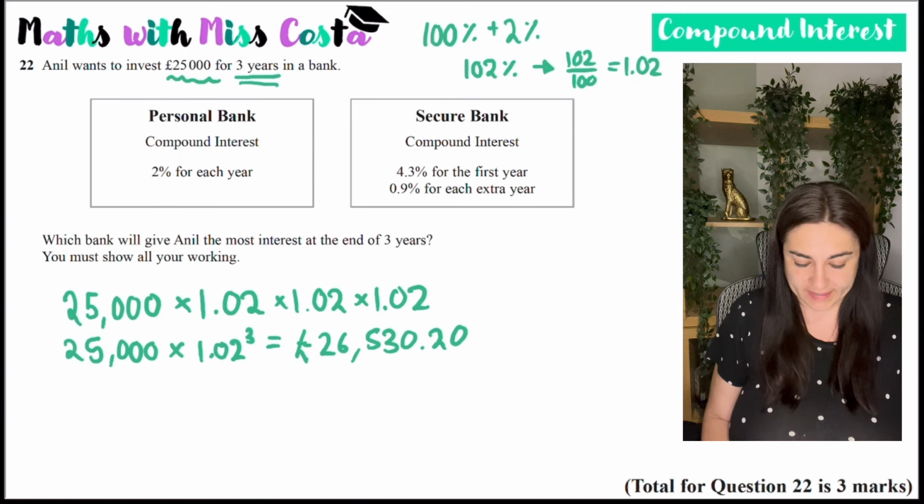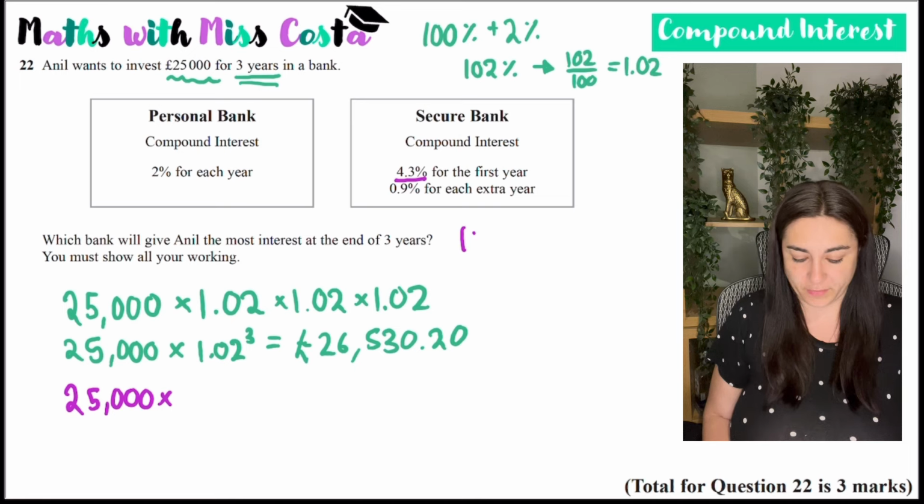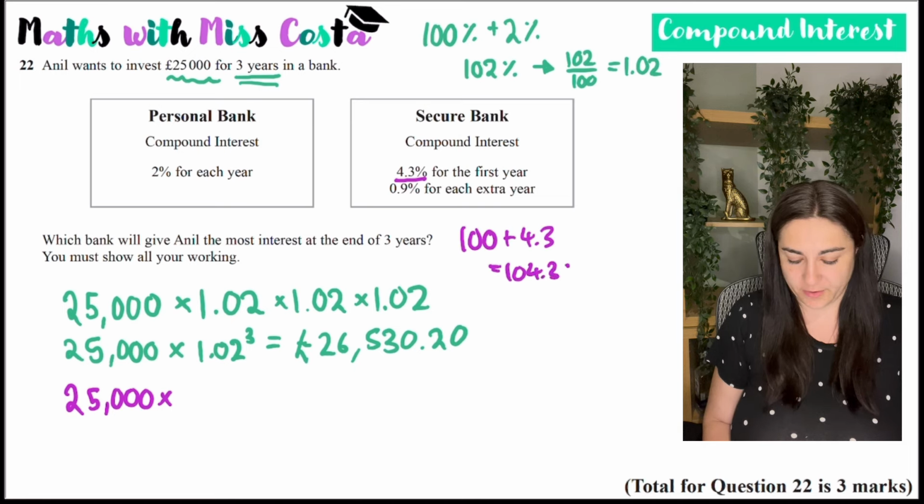With the next bank, Secure Bank, I'm still investing £25,000, but for the first year, it's 4.3% interest, so I do 100 plus 4.3, which is 104.3%. Divide that by 100 is 1.043.